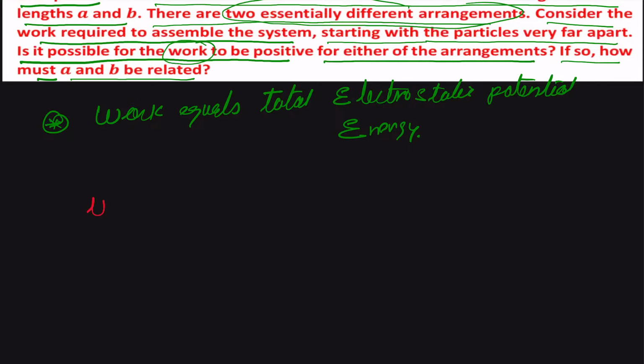Suppose it is U, then this U is represented as the summation of K, charge number 1 Qi, charge number 2 Qj, over the distance between the two, and their summation. And we know that K is equal to 1 upon 4 pi epsilon naught. So this is the general formula for these charges, and in this case we are given a total of 4 charges.